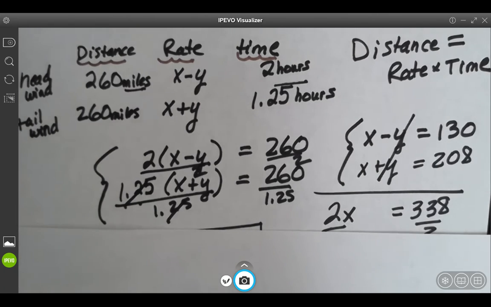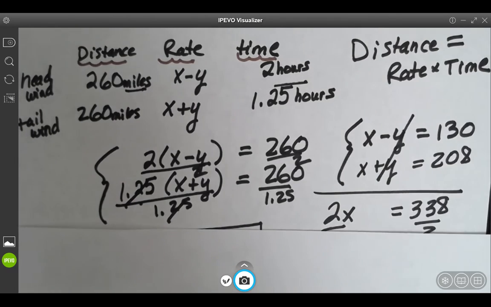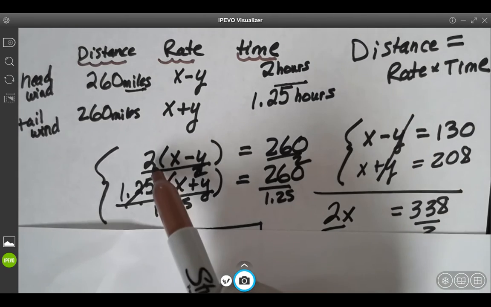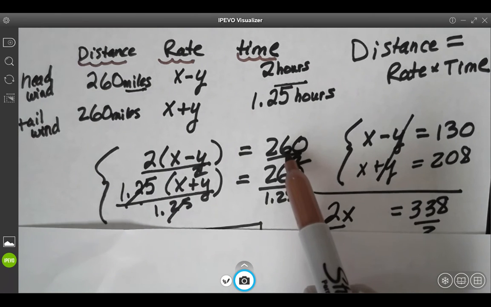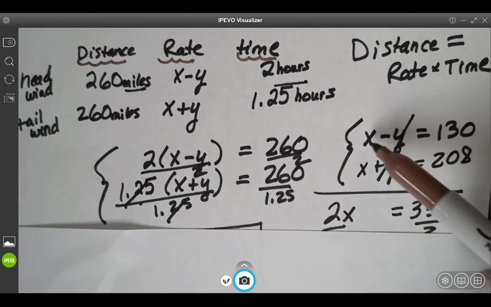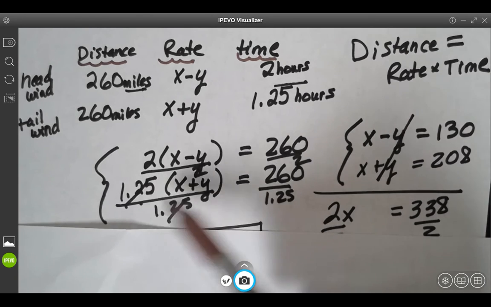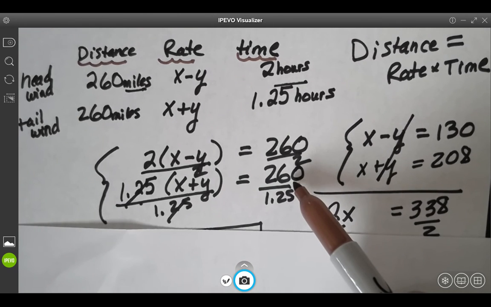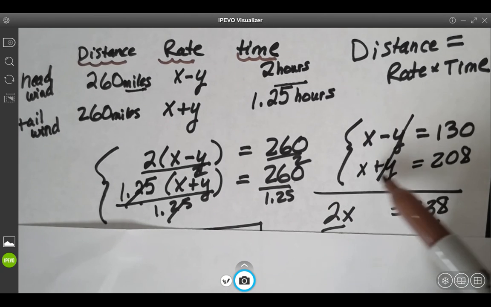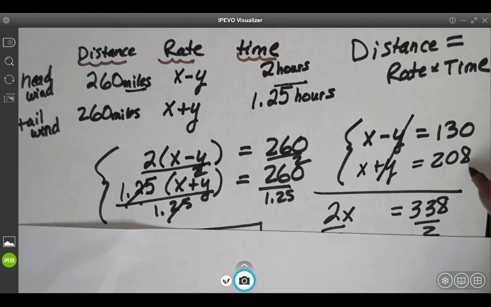I just find it so much easier in this problem to rewrite these. Divide both sides of the first equation by 2, so you get x minus y equals 130. Divide the second equation by 1.25, so x plus y equals 260 divided by 1.25, which is 208. This makes such an easier problem.